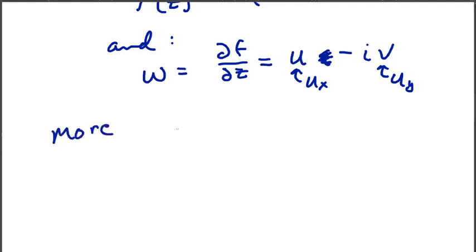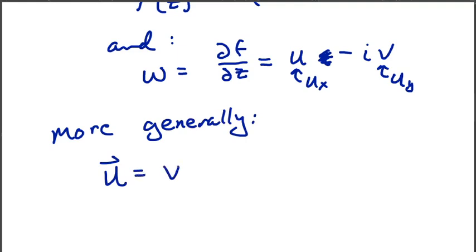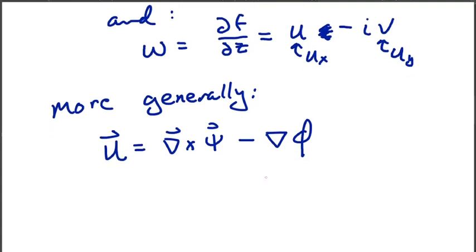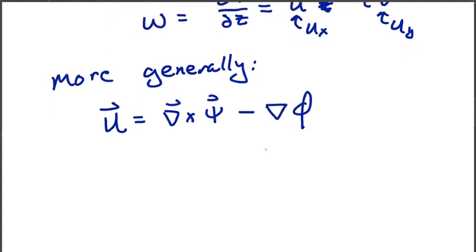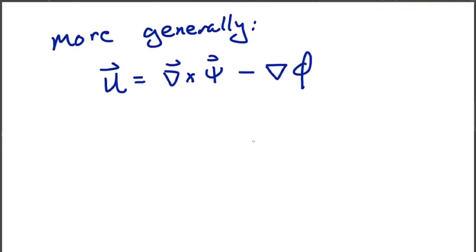If we relax in particular the requirement of both incompressibility and irrotationality, we can represent our velocity u as a combination of both the curl portion as well as the potential portion. And now we have a flow that could have both vorticity and compressibility.